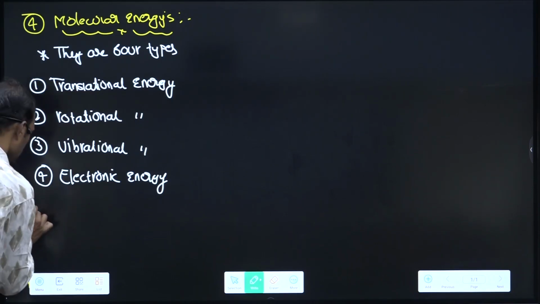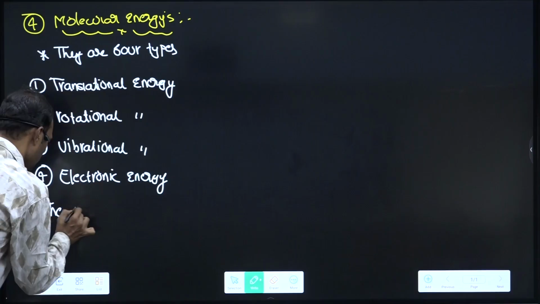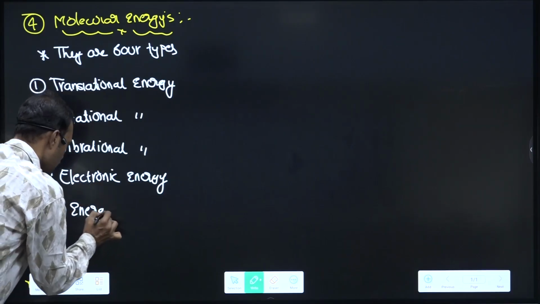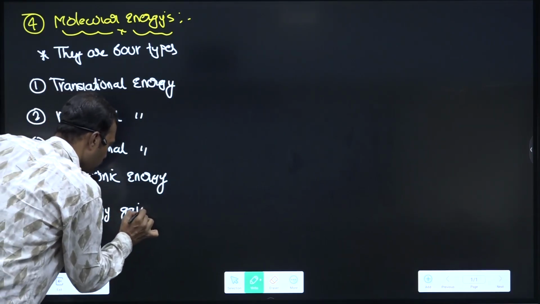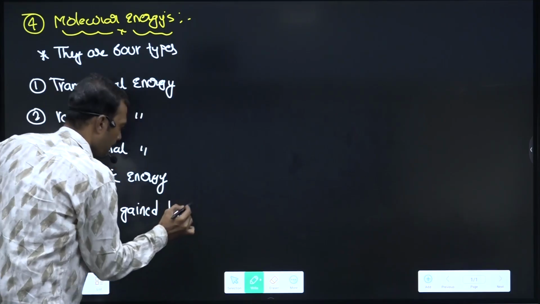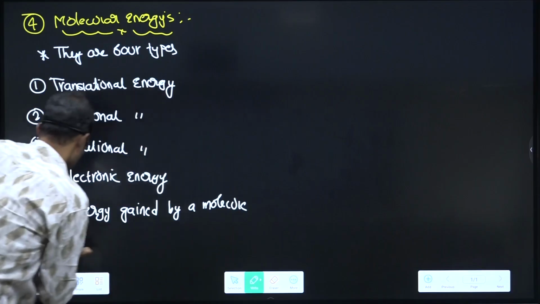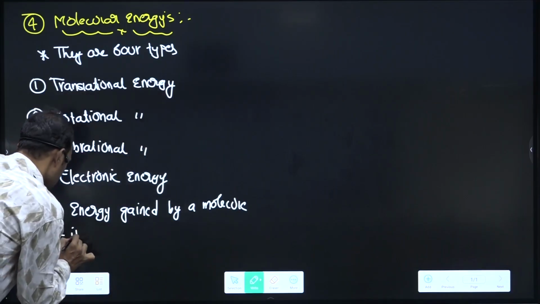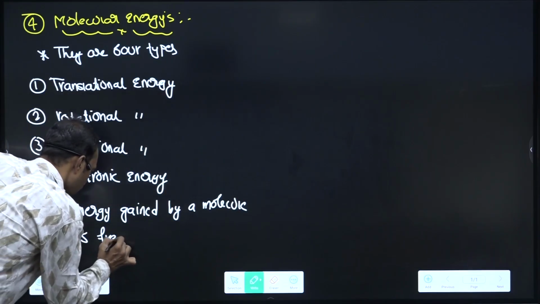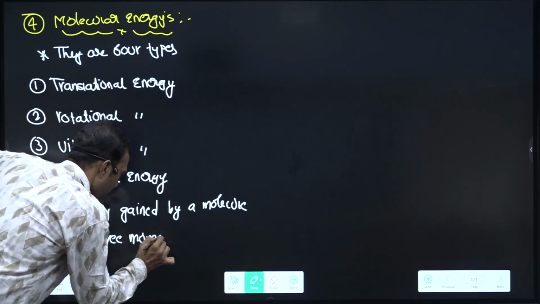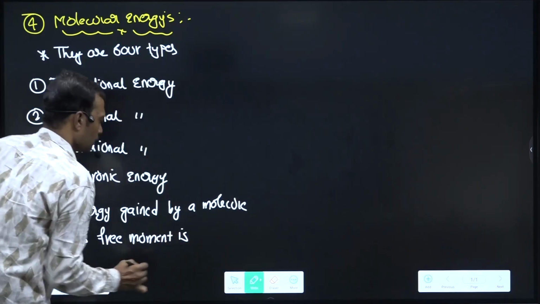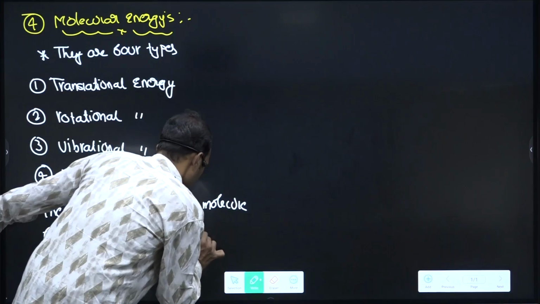The energy gained by a molecule for its free movement is translational energy.